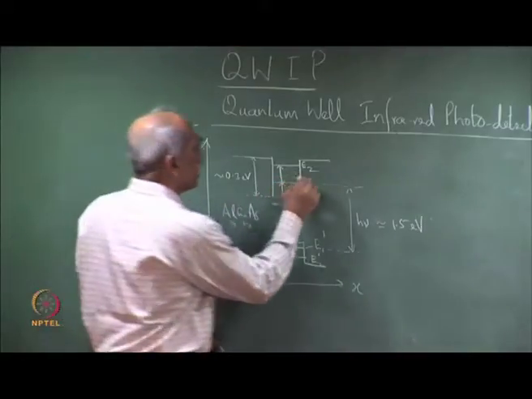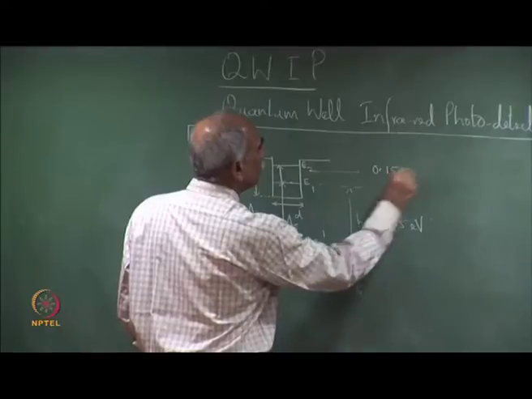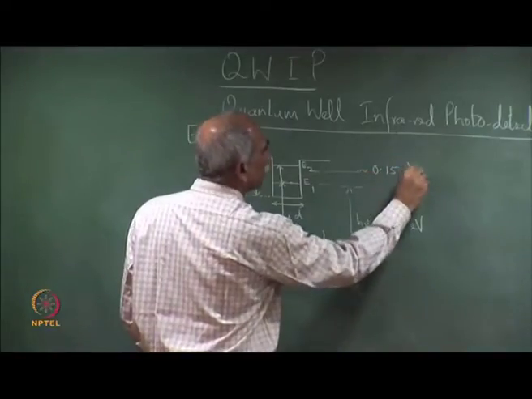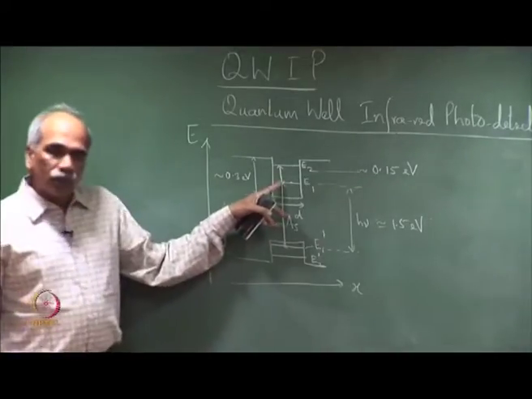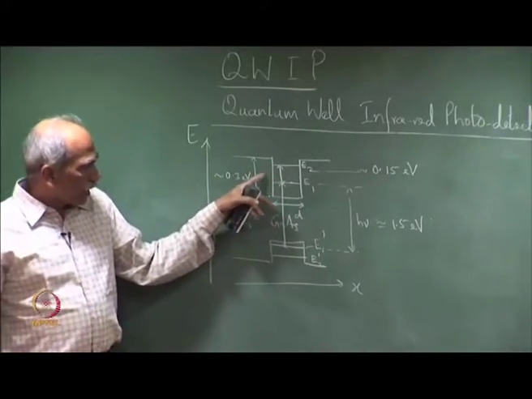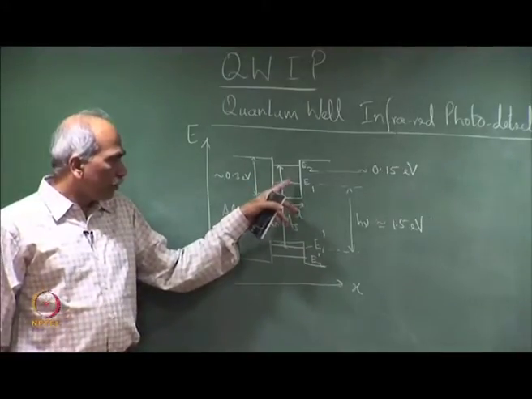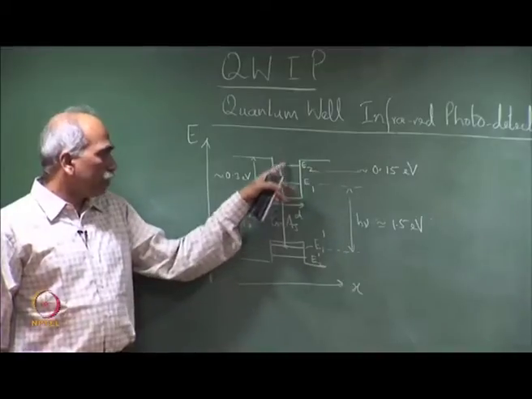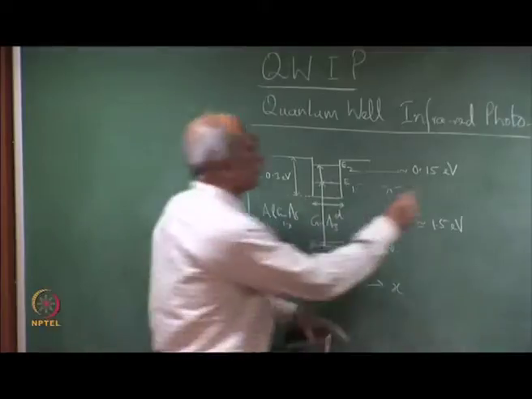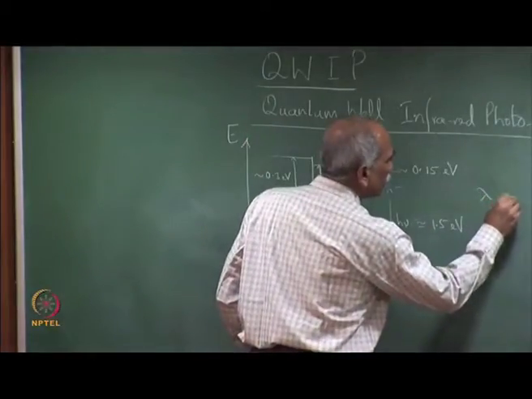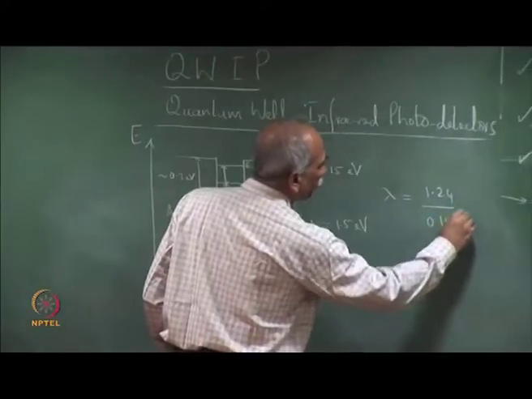So, this difference could be 0.2 eV or of the order of 0.15 eV, 150 meV, which means the photons which can result in an electron going from E1 to E2 by absorption from one energy subband to the other correspond to a wavelength lambda, which is equal to 1.24 divided by 0.15 eV.